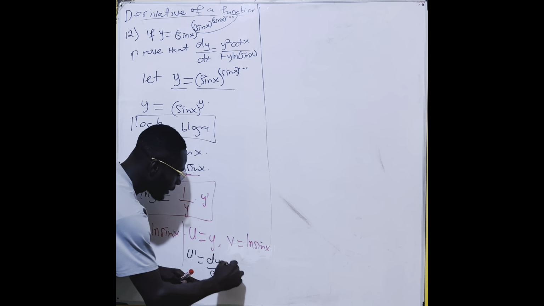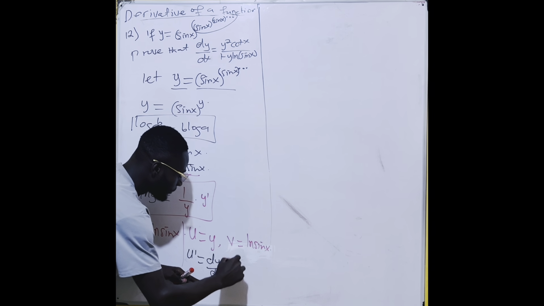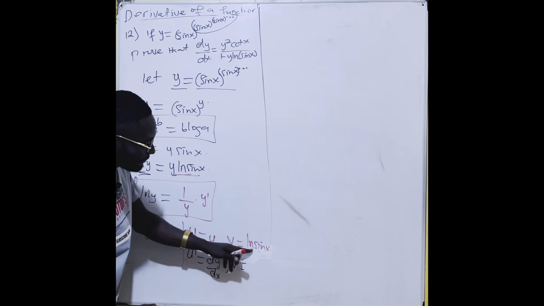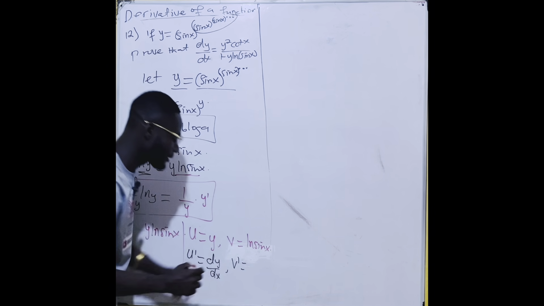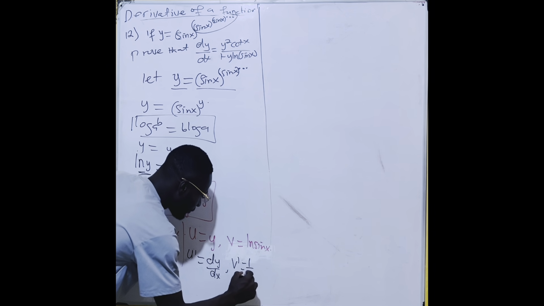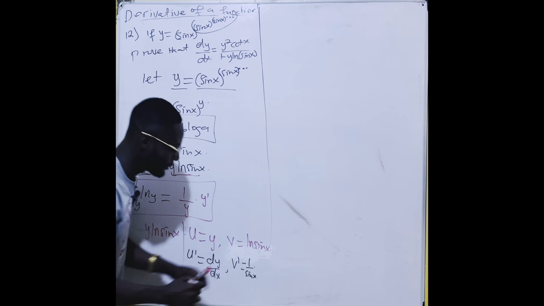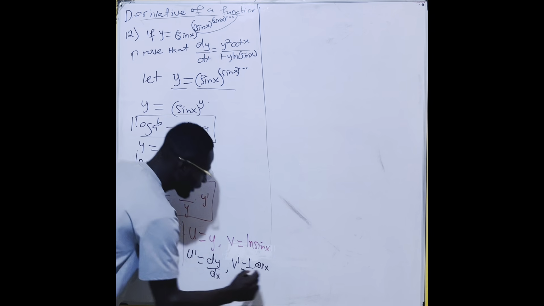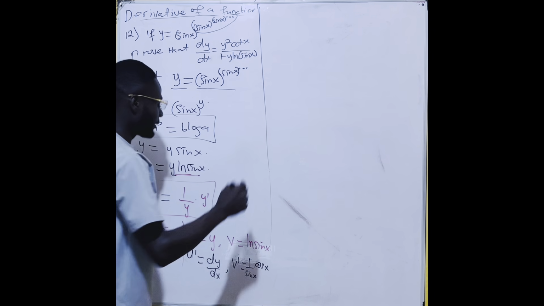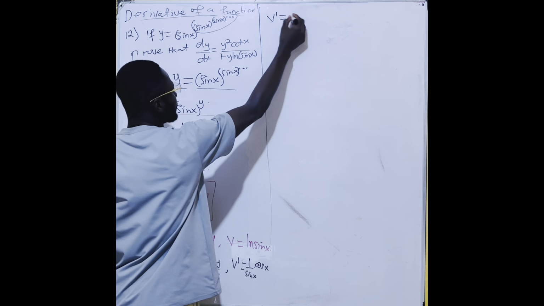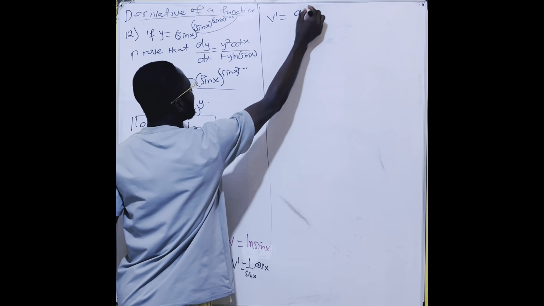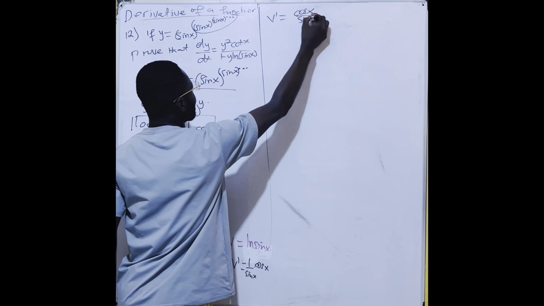Then our v prime will be equal to the derivative of ln sine x, which is 1 over sine x times the derivative of sine x, which is cos x. So our v prime will be equal to cos x over sine x.